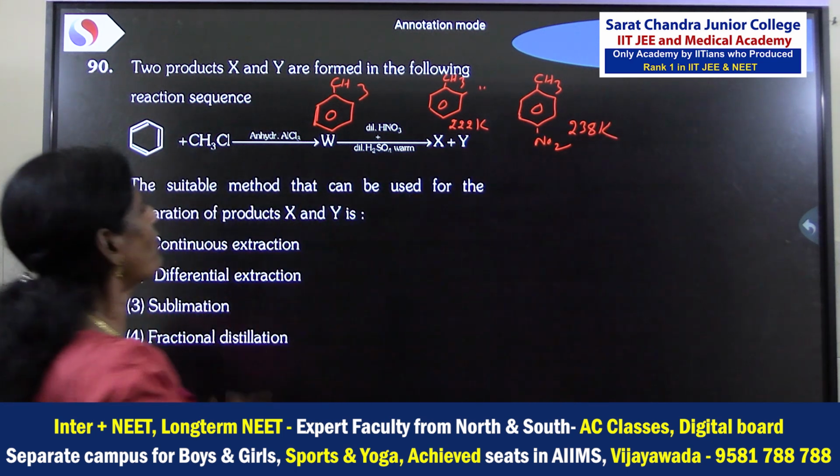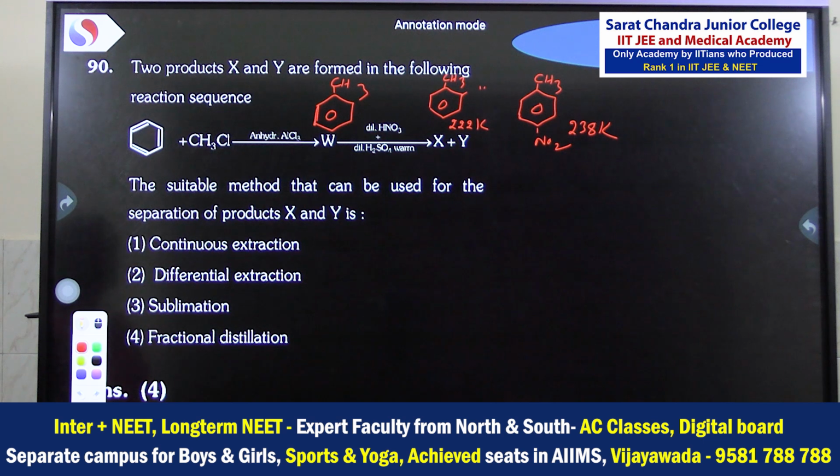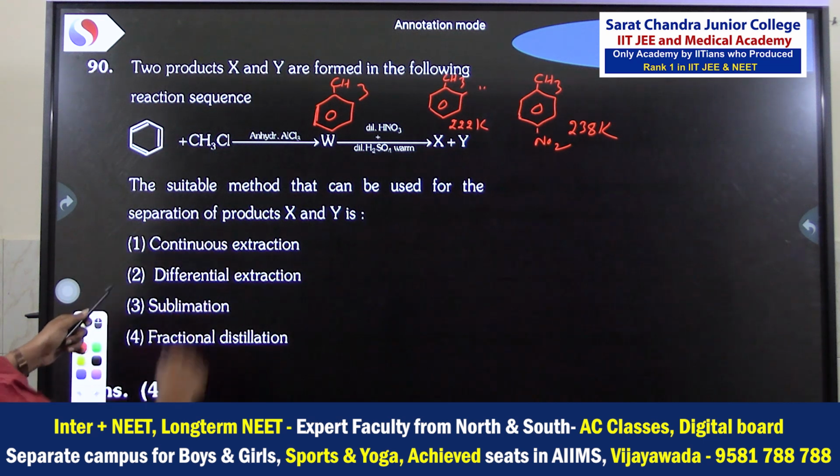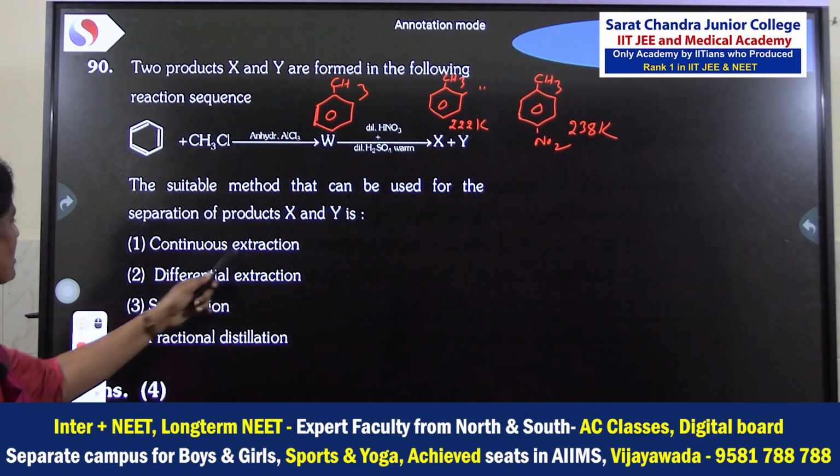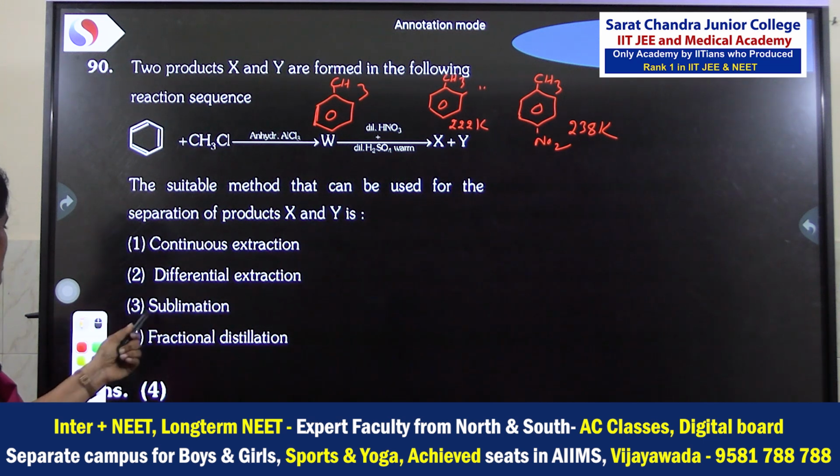So the boiling point difference is close. When the boiling point difference is small, which method is used for the separation of these two compounds? Continuous extraction, differential extraction, sublimation, fractional distillation.